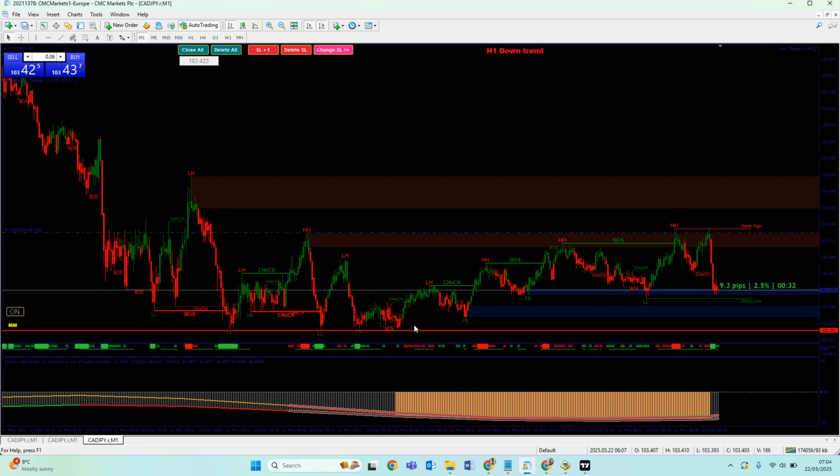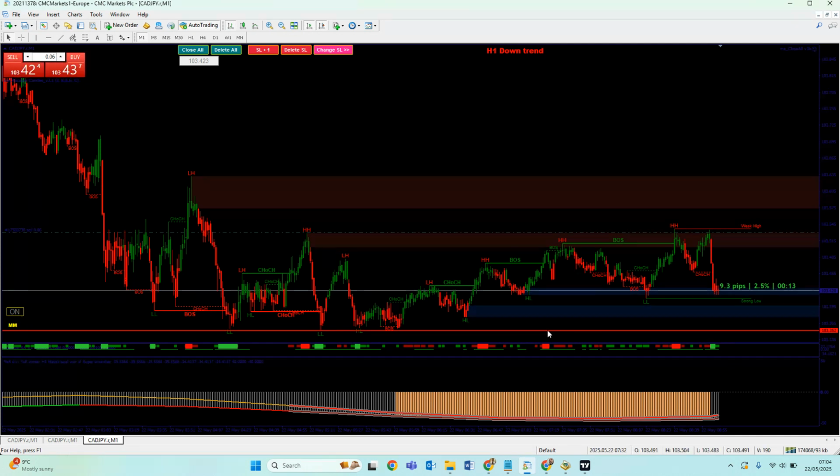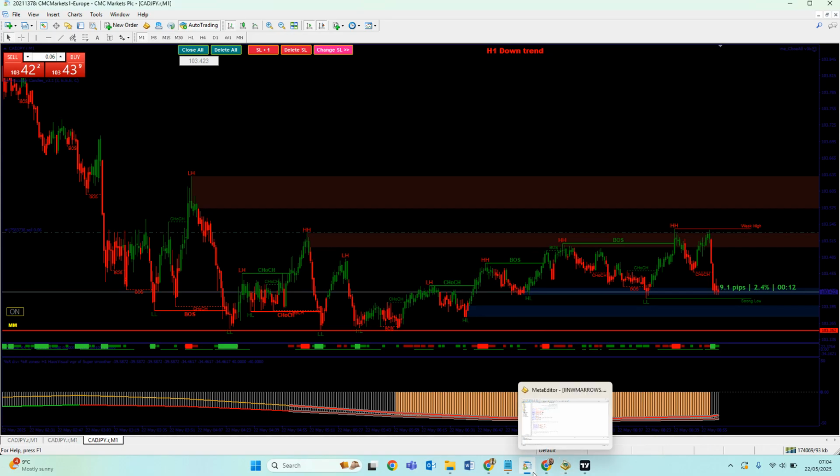The only area you want to look for buying opportunities is below this low here. Once the price breaks below the 103.35, that will be a buy. No, not that will be a buy. Once that wave structure completes, we can then look for a buying opportunity. That's the picture in front of us.